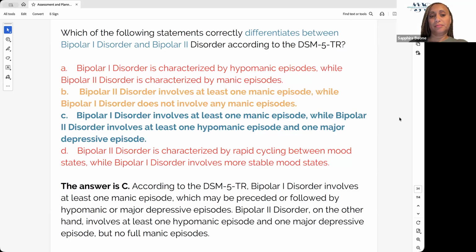Yes. And then with PTSD, at least 1 month. So I guess you would put the acute stress disorder first, and then PTSD if it goes beyond that month, and then the adjustment disorder would be the last.